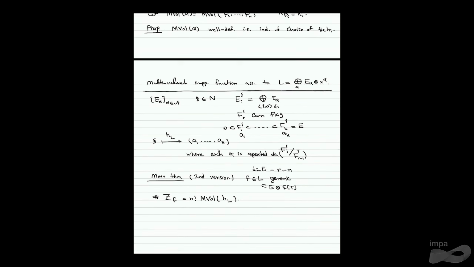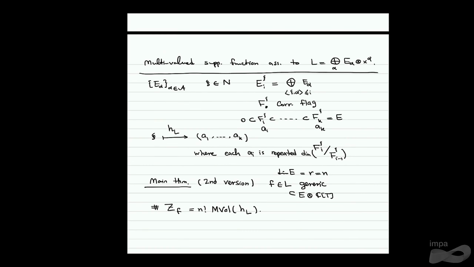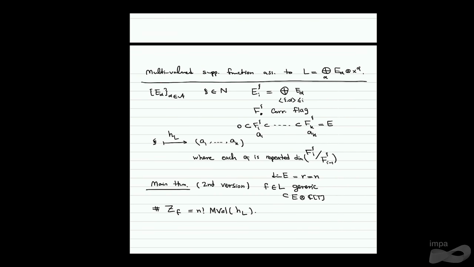And basically to our setup, to invariant subspaces of vector valued polynomials, or a subspace arrangement labeled by characters, you can assign a multi-valued support function. And this multi-valued support function is responsible for all the computations, all the answers to the computations.